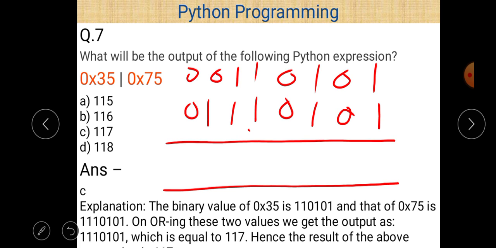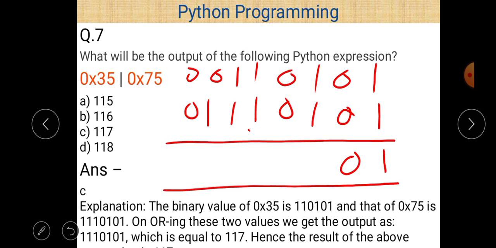So let us perform the OR operation. According to the rule, when we perform OR, if at least one digit is 1, then the output is 1, otherwise the output is 0. So here 1 1, obviously the answer is 1. Here both digits are 0, so the answer is 0.